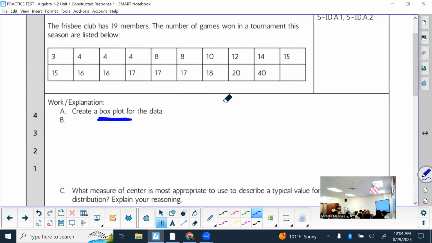Bron? The 5-number summary, which consists of what? Anyone can answer that? Brian?